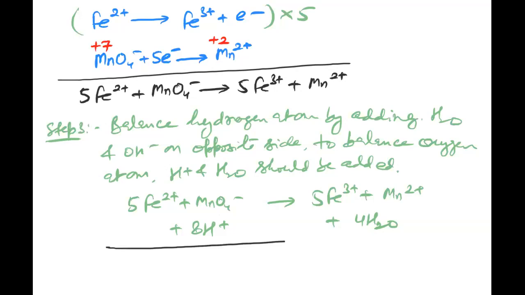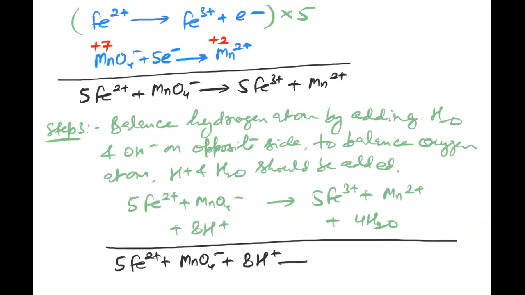Now as far as the complete reaction is concerned, it is 5 Fe2+, permanganate ion, and 8 H plus converting to 5 Fe3+, Mn2+, and 4 H2O.